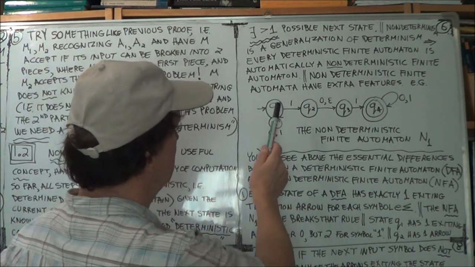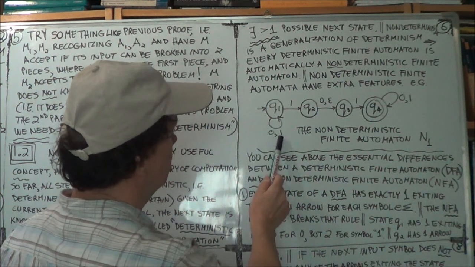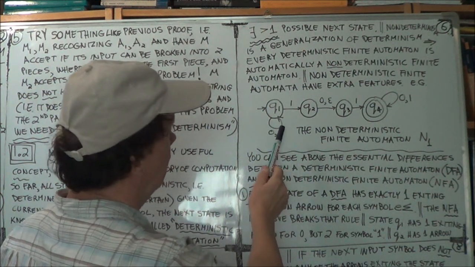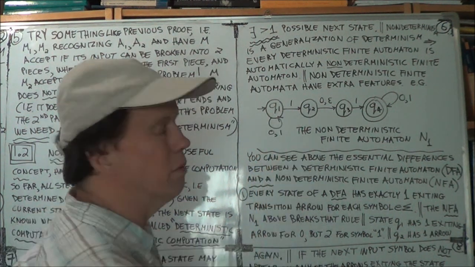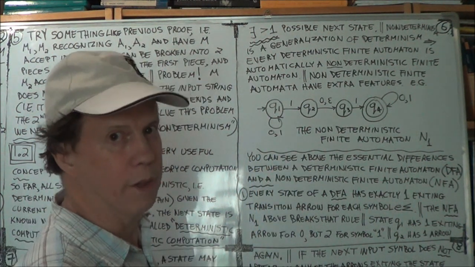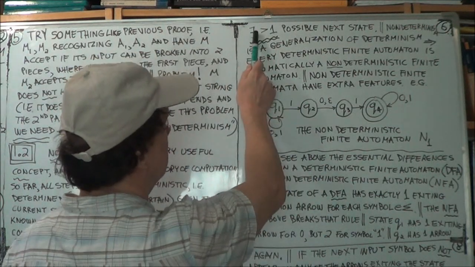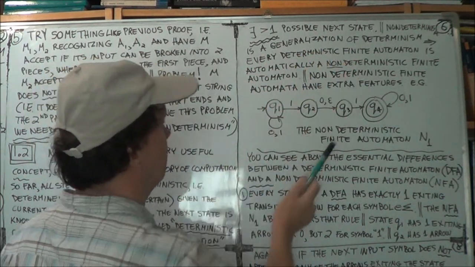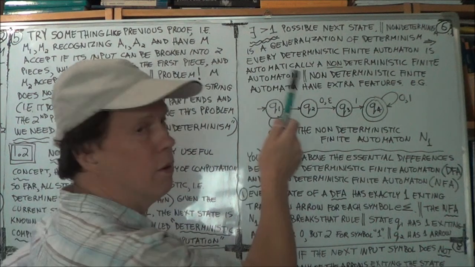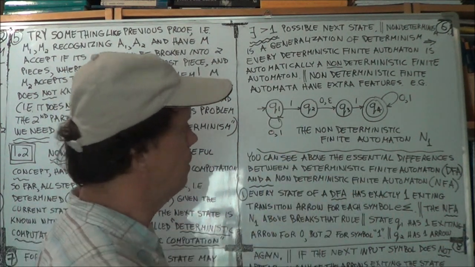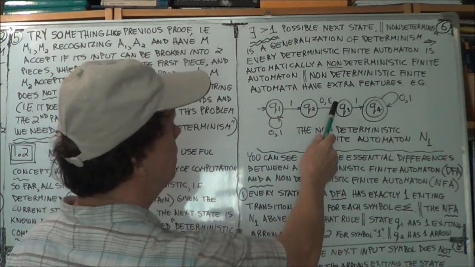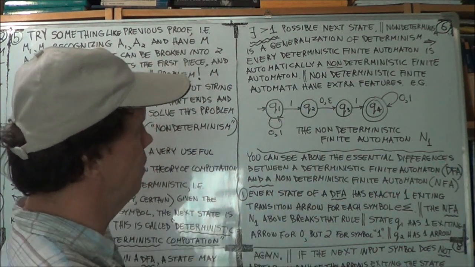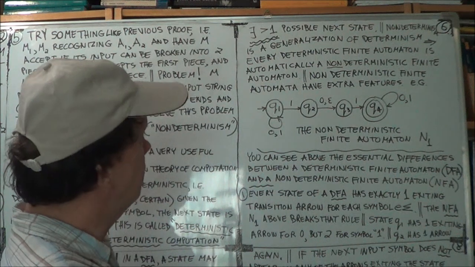The input 1 comes in, and we transition to Q1 and to Q2. That's different: more than one possible next state. The next state might be Q1 or might be Q2. So that's non-deterministic. And this eta here, what's that all about? Why is that there?